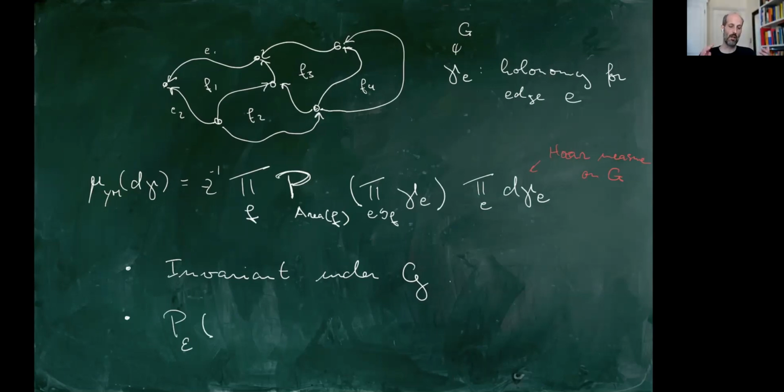So if you have a small area, P epsilon of g is equal to what? Well, first the heat kernel is concentrated very close to the identity. And therefore I can write the argument of the heat kernel, it's natural to write it as e to the h, where h is an element of the Lie group.